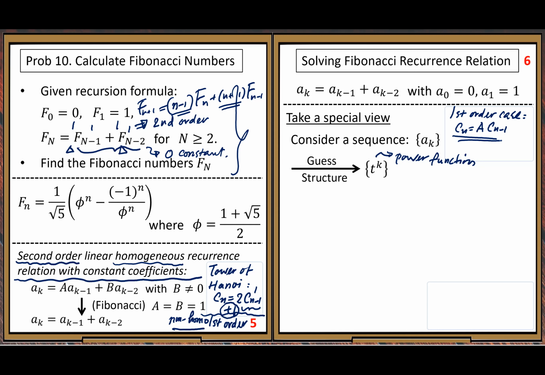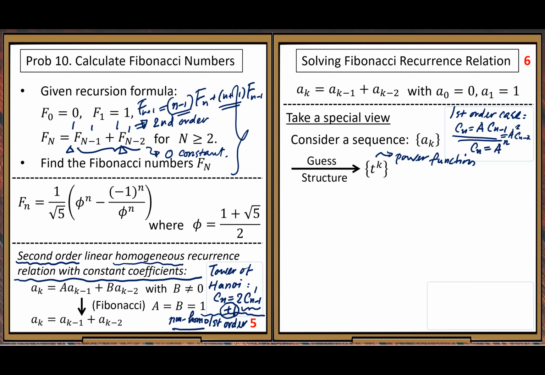To solve this recurrence relation is very easy, right? Because you just do iteration. From Cn minus 1, you can get Cn minus 2, you can get a squared Cn minus 2, and so on.